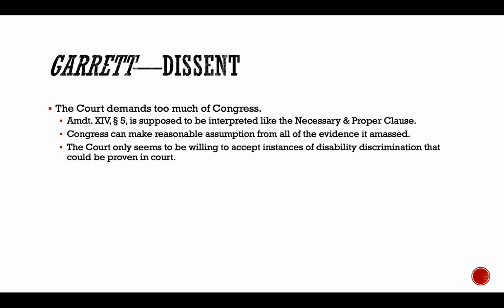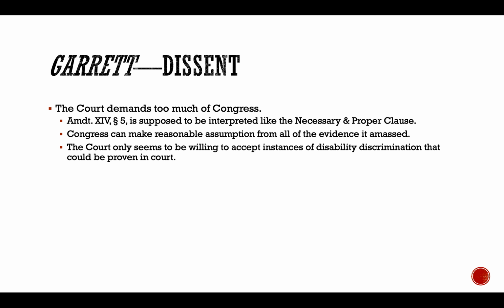And one of Justice Breyer's main critiques of the majority opinion is this unwillingness to accept the evidence that Congress did have, or its very dismissive treatment of the massive evidence that Congress did have. Because according to Justice Breyer, the court only seems willing to accept instances of disability discrimination that could be proven in court.